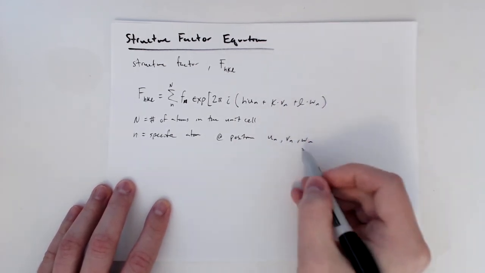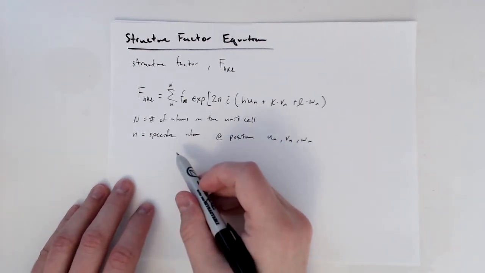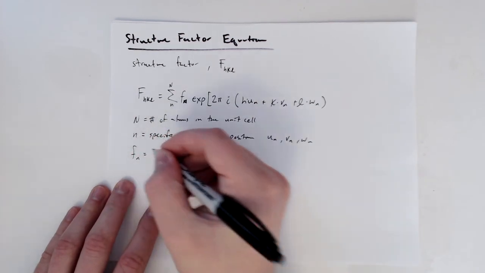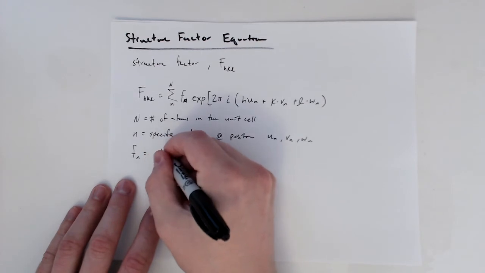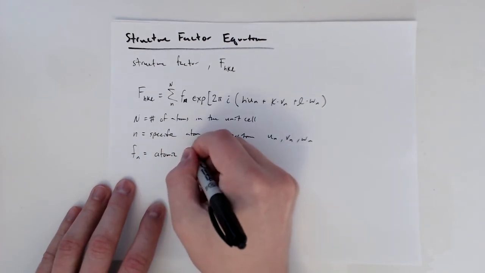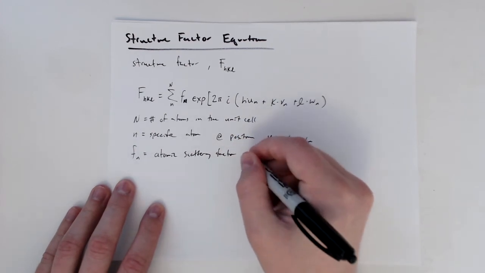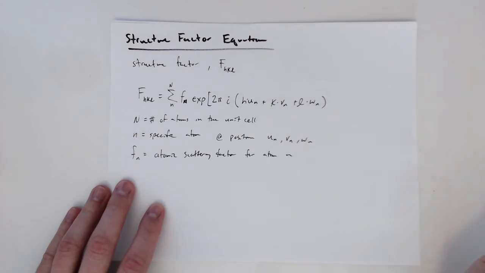So those are the point coordinates of the specific atom with n as its indicator. And then the script F sub n is the atomic scattering factor for atom n.